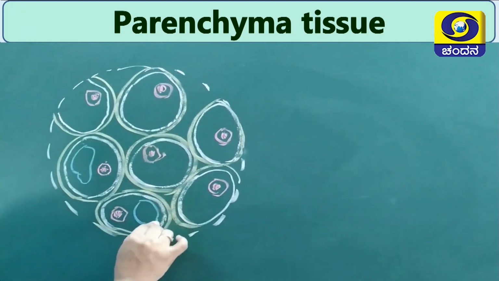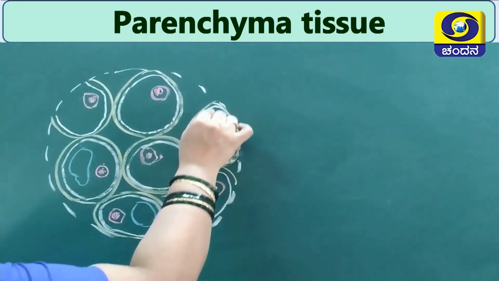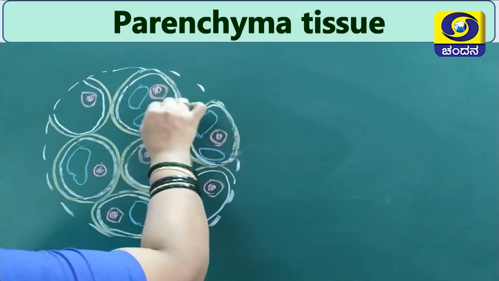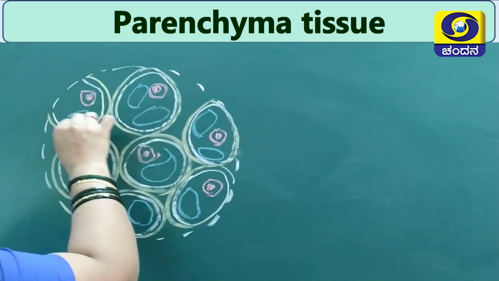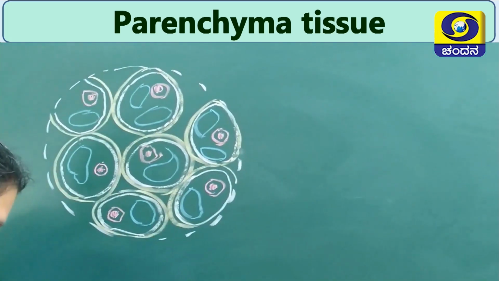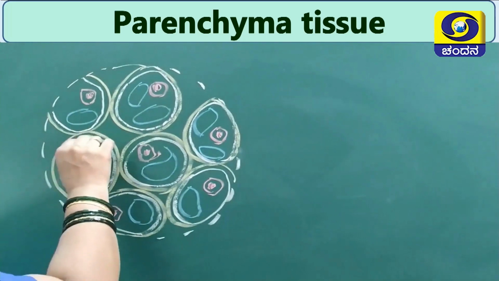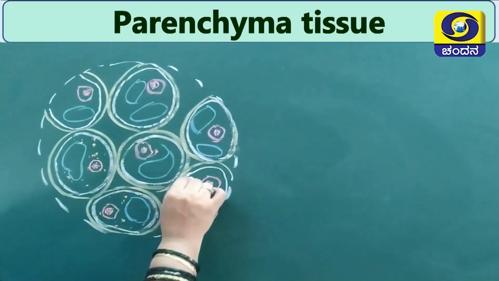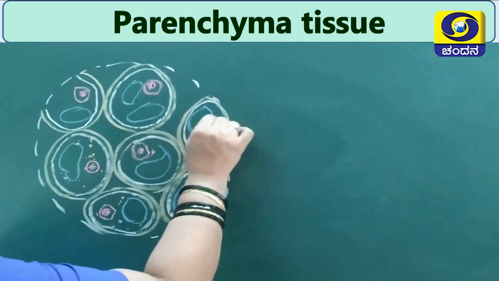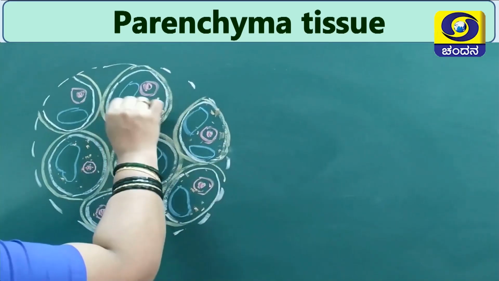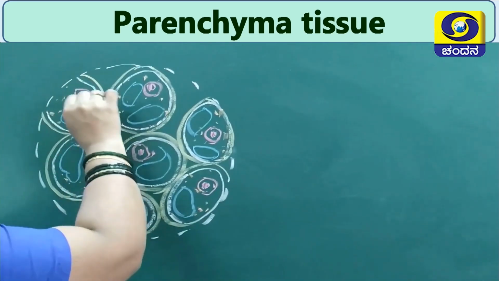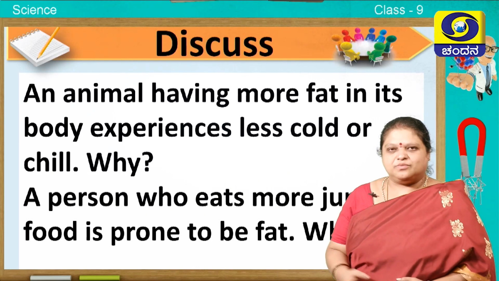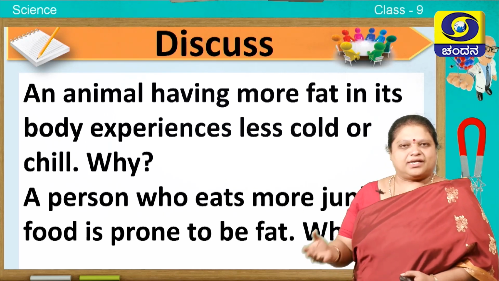Then the vacuole. And finally the cytoplasm. So like this you can very easily, within 2 minutes, draw the diagram of parenchyma tissue. So my dear children, I hope you understood how to draw the diagrams of parenchyma.